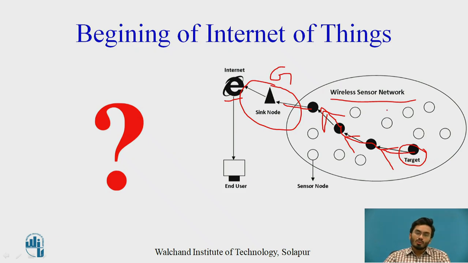Let us say we are trying to sense a temperature. The target node sensor senses the temperature, then passes the data on to the upcoming nodes, because there is no direct communication from the target sensor to the gateway, and the gateway is going to take care of sending the data to the internet.